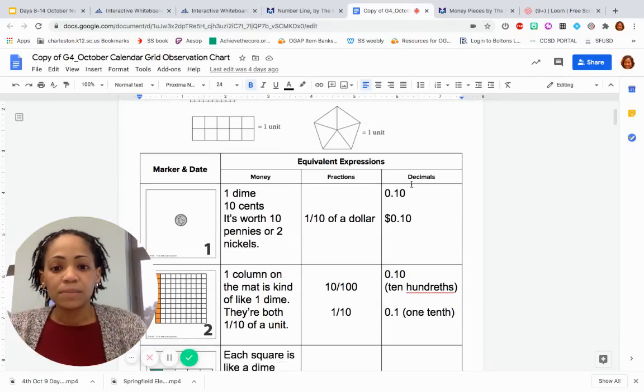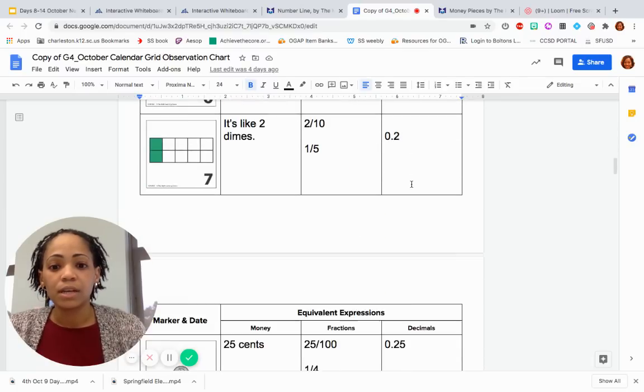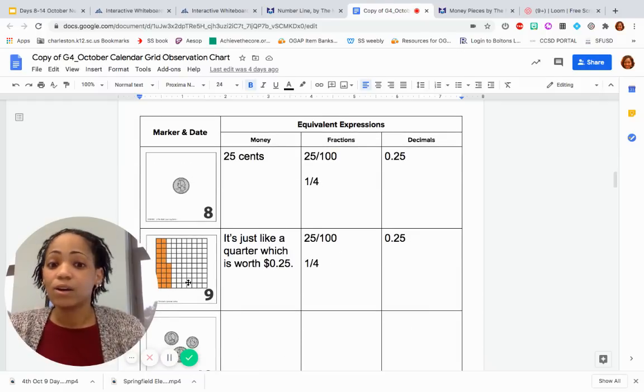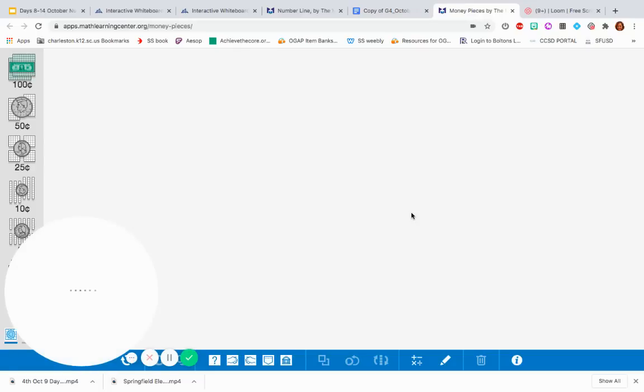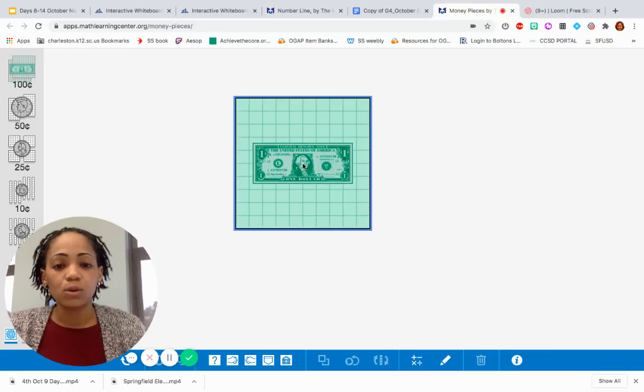So before we jump right into today, which is October the 12th, I want to show you how I got a 4th for October 8th and also a 4th for October 9th. So I'm going to jump to my Money Pieces app really quickly. And you know, we've talked this whole time about relating things to a dollar.